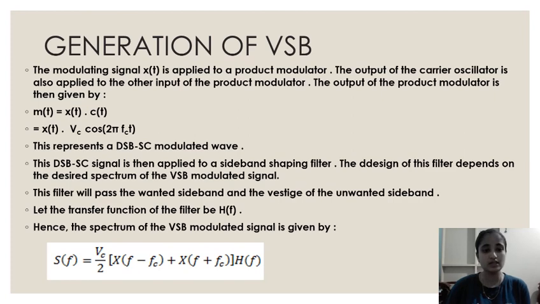This DSB-SC signal is then applied to a sideband shaping filter. The design of this filter depends on the desired spectrum of the VSB modulated signal. This filter will pass the wanted sideband and the vestige of the unwanted sideband. Let the transfer function of the filter be H(f). Hence, the spectrum of the VSB modulated signal is given by S(f) = Vc/2 [X(f - fc) + X(f + fc)] H(f).